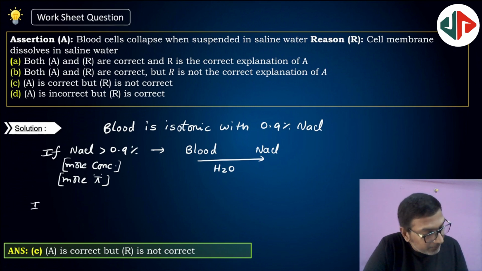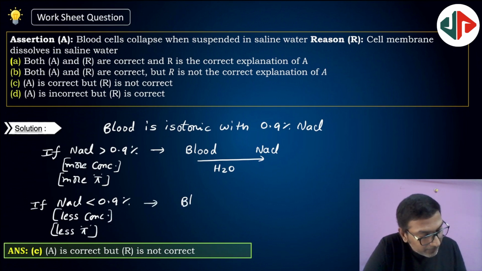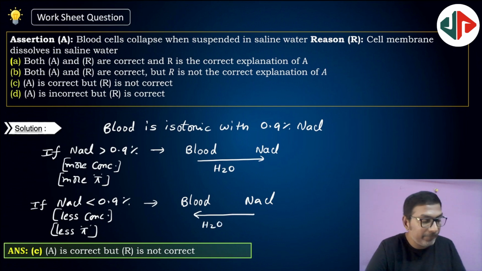Next, if NaCl concentration is less than 0.9%, there is less osmotic pressure. So in this case water moves from NaCl to blood, H2O migration.